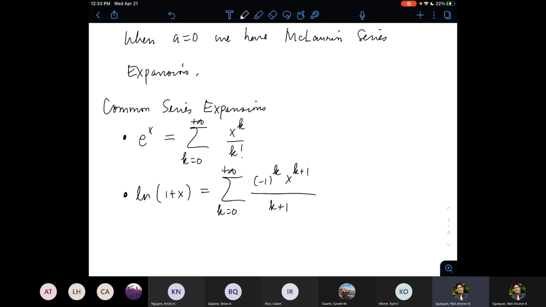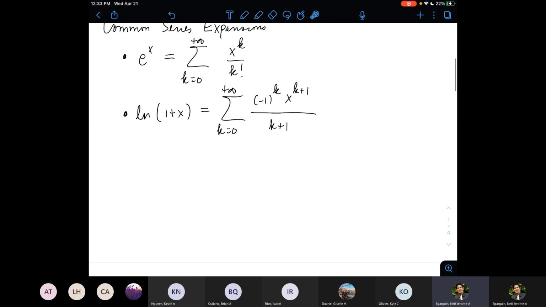And these are actually Maclaurin series expansions because you don't see a subtrahend to x, so that means a is equal to 0, which I guess is the simplest type of Taylor expansion. So that's why they are usually used in any application.